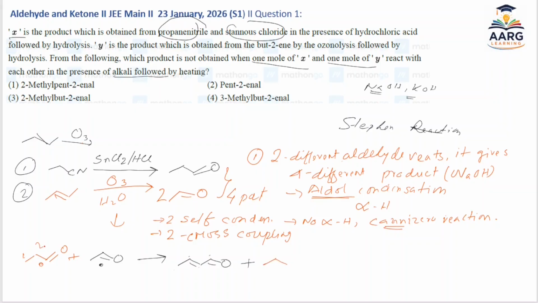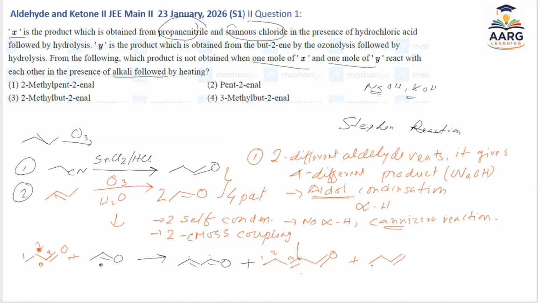So 1, 2, 3, 1, 2, 3, then it will be like that. This alpha position will attack, so it will give this type of aldehyde. So one aldehyde, this alpha position will attack. This is another product. Plus what will it again give? It will give another cross coupling reaction.